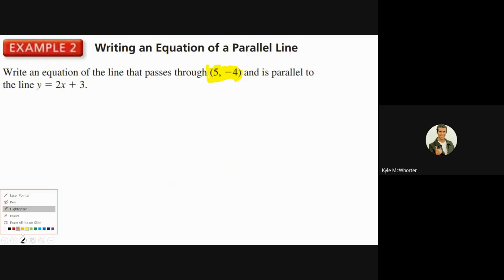Well, y equals 2x plus 3 is in slope-intercept form. So this is in y equals mx plus b format. So in this format, we can see that the slope of this line is 2. So if we want to be parallel to this line, then we would just use the same slope.